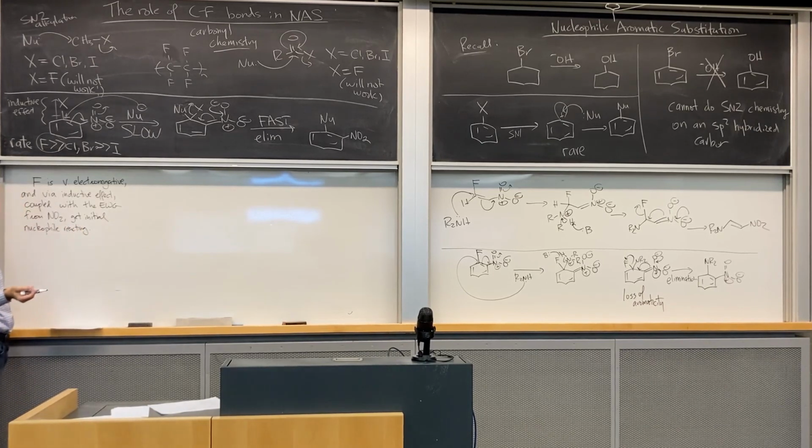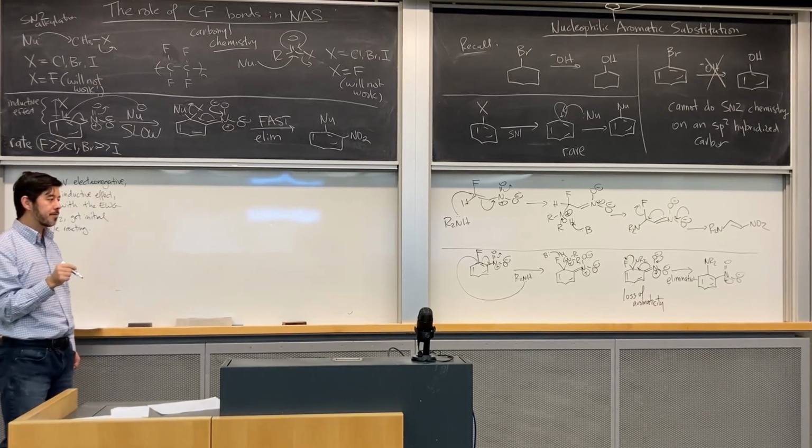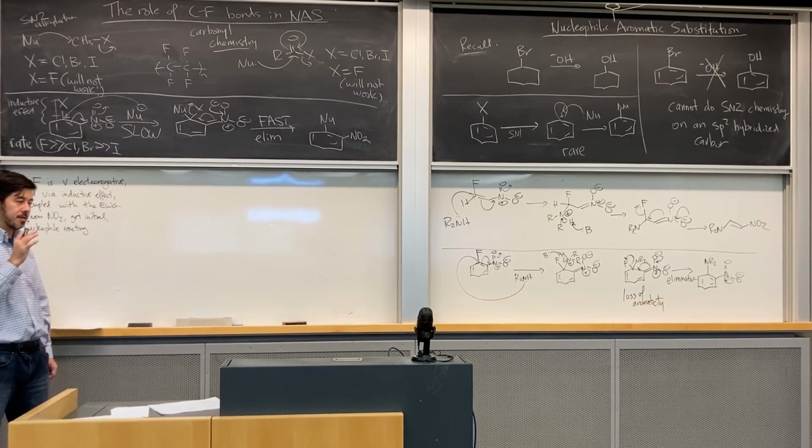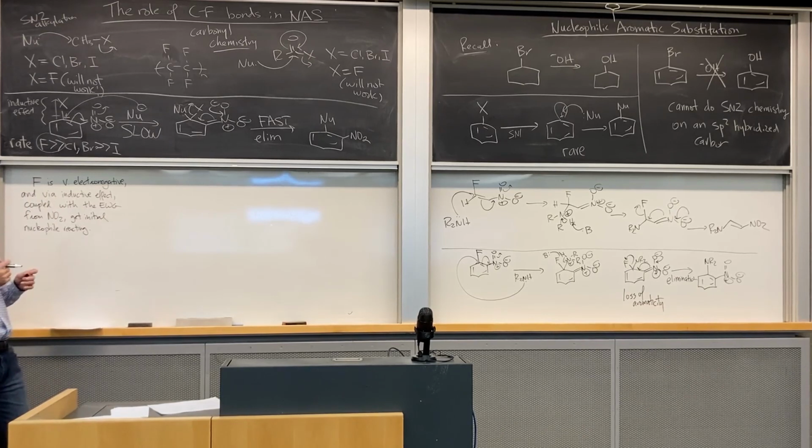If you didn't have that nitro group there, the fluorine group is usually not good enough for that reaction to occur. I say usually because there's always exceptions, but you need to couple it with a strong electron withdrawing group.